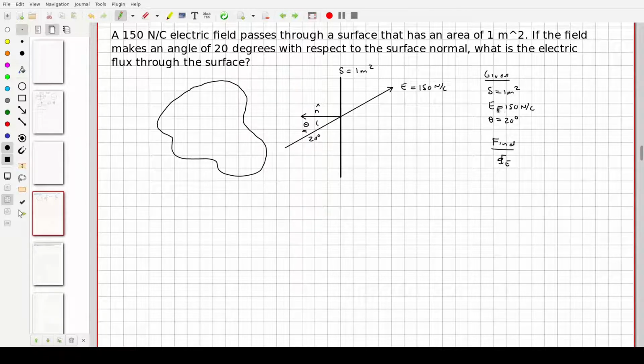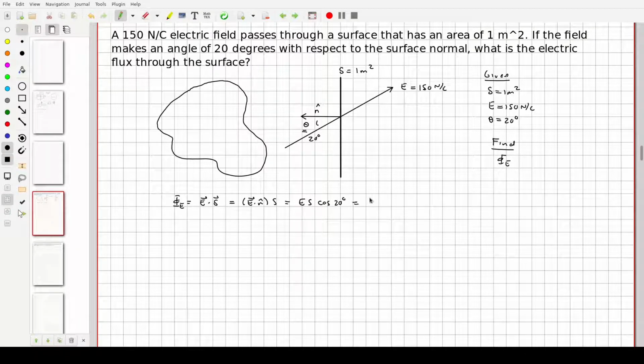Well, E is constant, S is constant, which means that the version of my equation that I can use is this one right here, which would again be E dot n hat times the surface. And it's 20 degrees right there. So it's just E times S times cosine of 20 degrees.